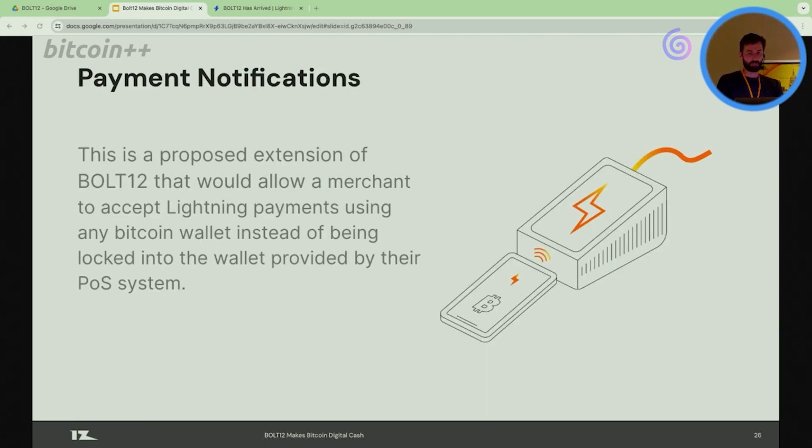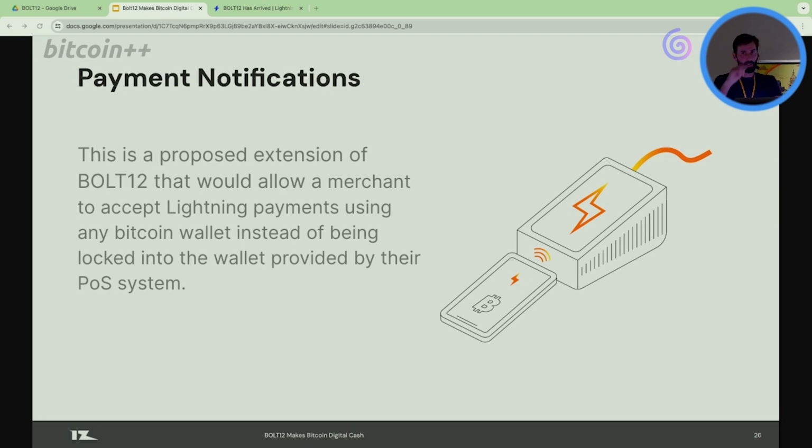And then lastly, payment notifications. This is pretty early on. I wrote a design doc based on some feedback from some companies that would like to essentially act as a point of sale in the BOLT12 world. So imagine a merchant has a Lightning wallet, but they want to have all their inventory and all their orders handled by a third party, whether it's Zapier or Cash App, or not Cash App, sorry, by Block, for Square.